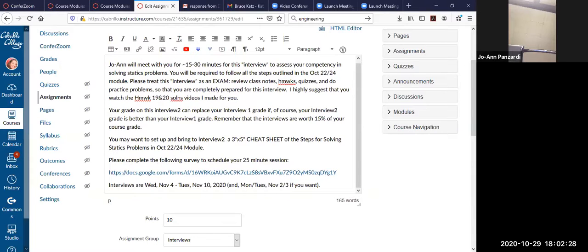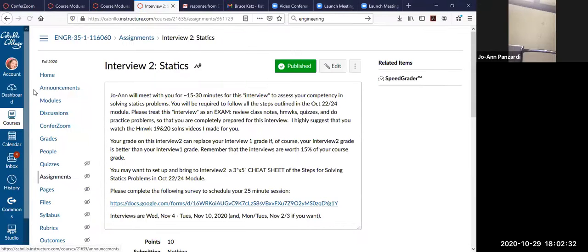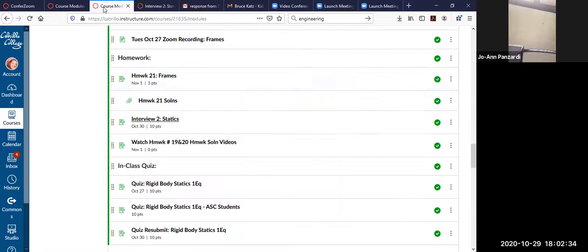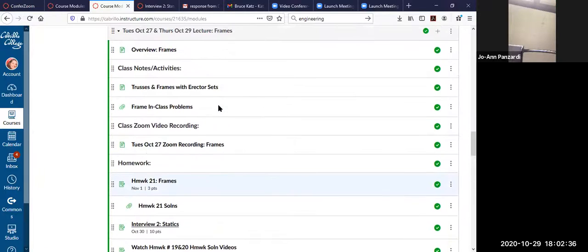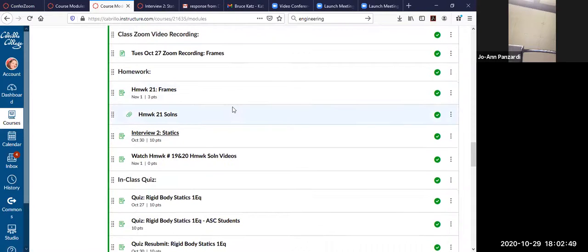Okay. All right. So I'm going to save this now. So let's go back to the module. Okay. So all the frame stuff, I have to make sure that I post the solutions. And so then you have a frame homework, solutions are posted.